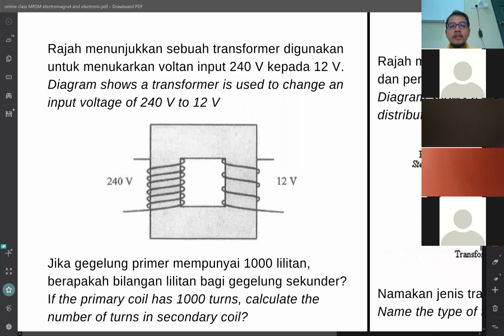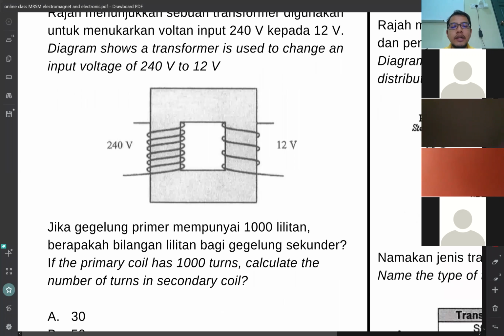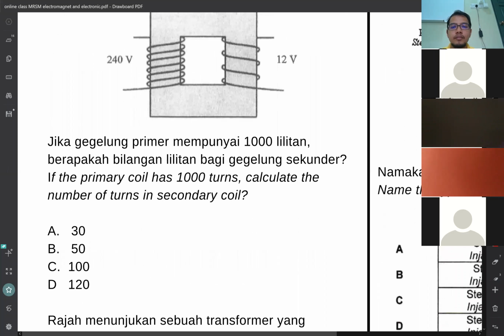The question states that if the primary coil has 1000 turns, calculate the number of turns in the secondary coil. So if you have 1000, it reduced by 20 times, what will be the answer? Yeah, so the answer is 50.